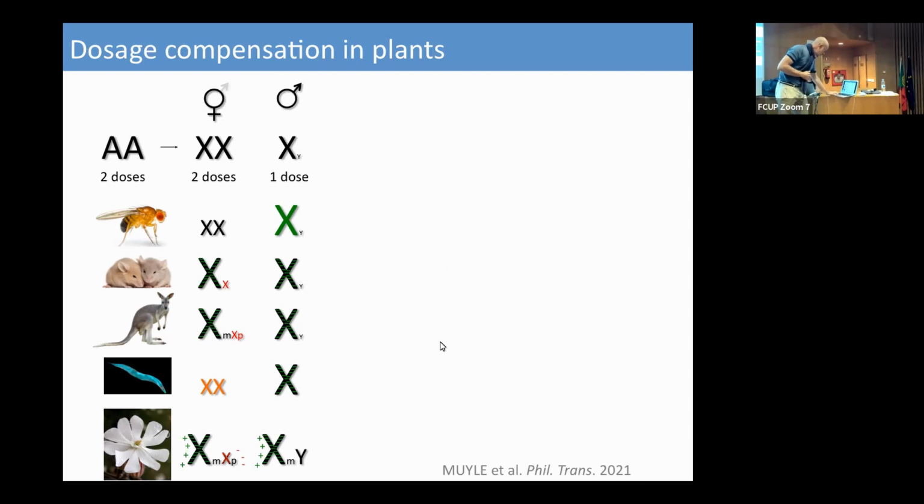So this is to recapitulate our findings. There are different dosage compensation mechanisms in plants, in life, in animals. So in flies, for example, it's a straight overexpression of the X only specific to males.